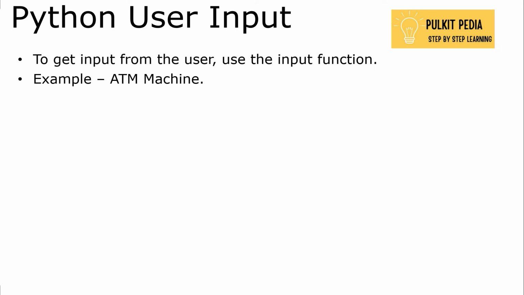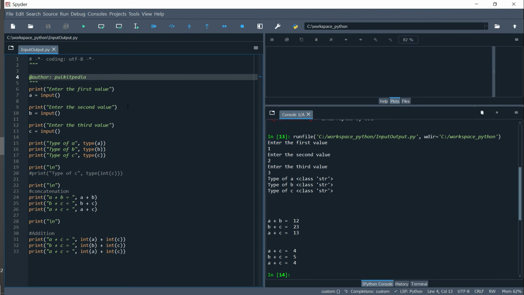I'll demonstrate with some examples in Spyder how we take an input and how we get an output, which can be anything, like simply printing out the result of whatever we have input. Here you can see that I asked the user to provide a couple of values, like the first value.